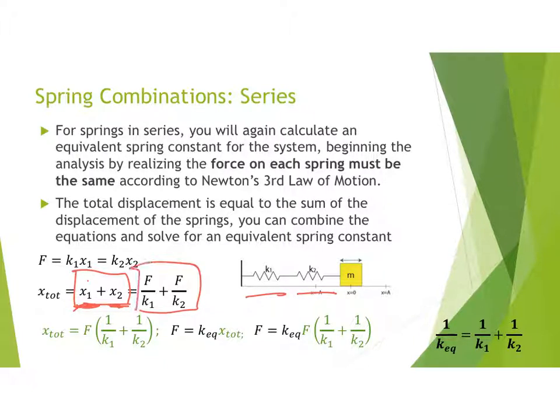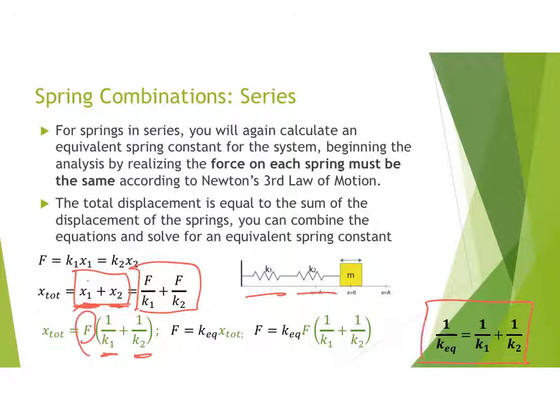The force is going to be the same, so I take that out, and to get my total spring constant, I get 1 over the spring constant for the first one and 1 over the spring constant for the second. This is a little bit different than what we found with parallel.